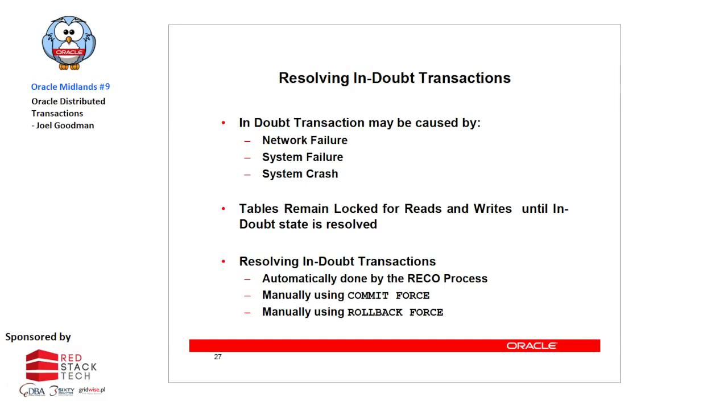Then you can practice two-phase commit failures on your own, provided you have DB links. By putting RECO to sleep, you can pretend this other remote database is never coming back, even though you're not going to destroy it. And then you can practice your manual resolution, either using commit or using rollback. So we have COMMIT FORCE or ROLLBACK FORCE statements for this.